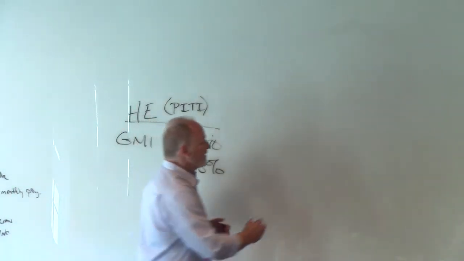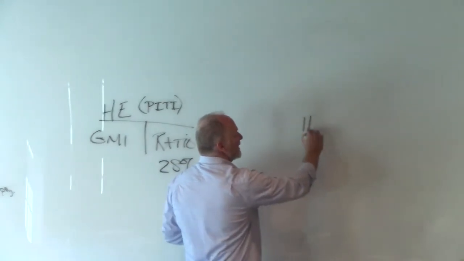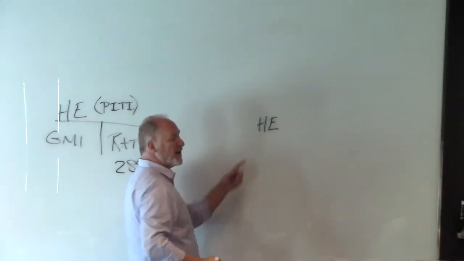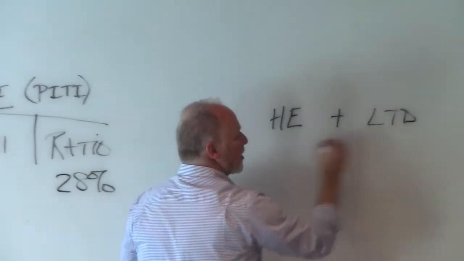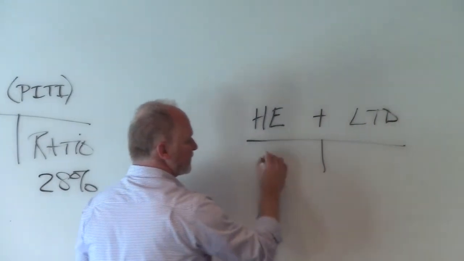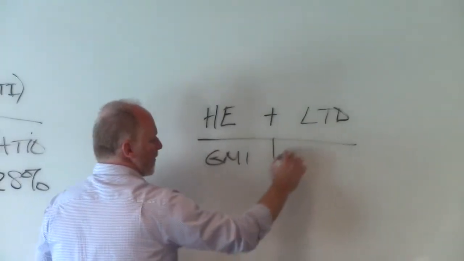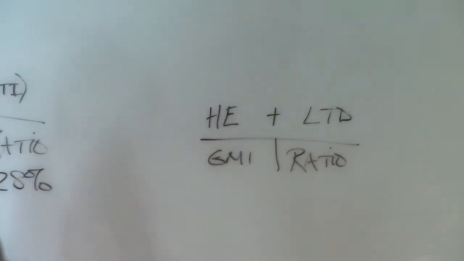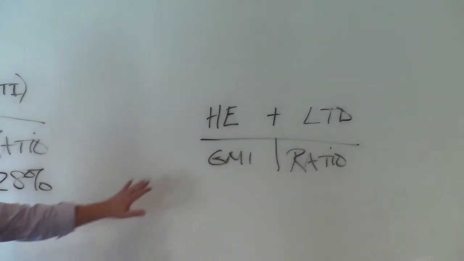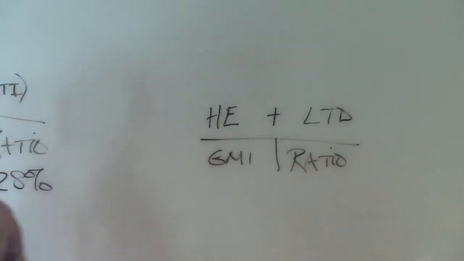Let's look at what's the same, and let's look at what's different. The debt ratio includes housing expense plus what I refer to as long-term debt. Housing expense plus your long-term debt over your gross monthly income and your ratio.